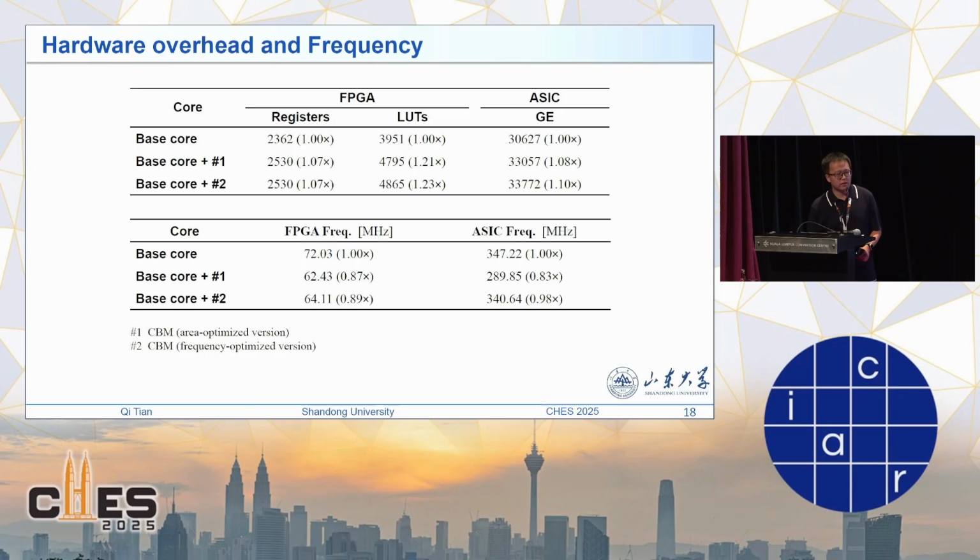The FPGA frequency and ASIC frequency dropped to 87% and 83%. In the frequency-optimized version, the register, LUT, and GE increased by 7%, 23%, and 10%. The FPGA frequency and ASIC frequency dropped to 89% and 98%.